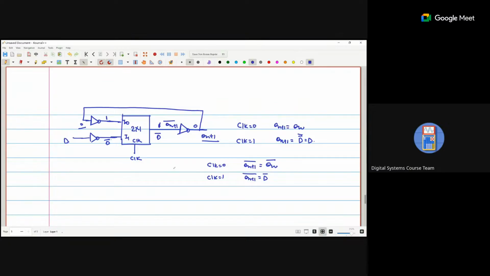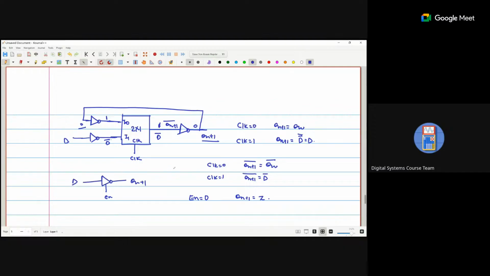Okay, now we have a tri-state inverter. So we know that if it is a D, the Qn plus 1 will be controlled with the enable pin. So if I write an equation for that one, I can say if enable is 0, my Qn plus 1 is high impedance state because that device is not working.